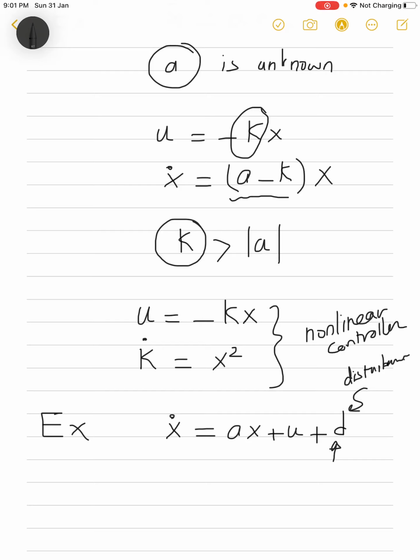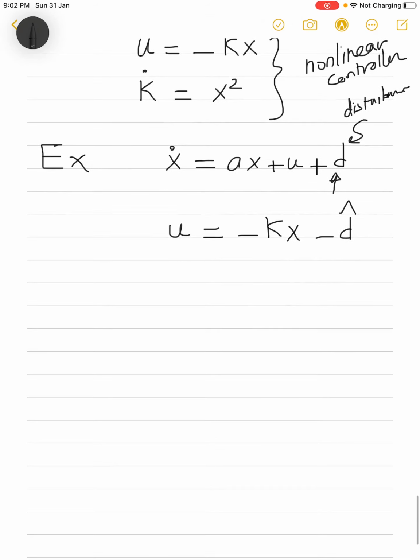In order to compensate for the effect of the disturbance, we could choose the control signal to be minus kx minus an estimated value for the disturbance. If we do that, we can actually guarantee that we can eliminate the effect of disturbance on the control system. So these are two cases that illustrate that it is beneficial in some applications that we use adaptive control.